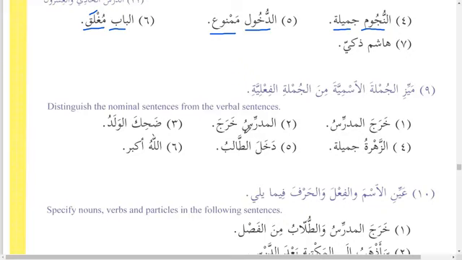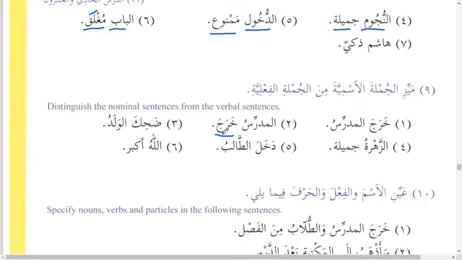Kharaja, the pronoun inside it, which is huwa, that is the khabar. So al mudarrisu kharaja. If it's al mudarrisuna, then what will be the khabar? Kharaju, with the waw of the plural.